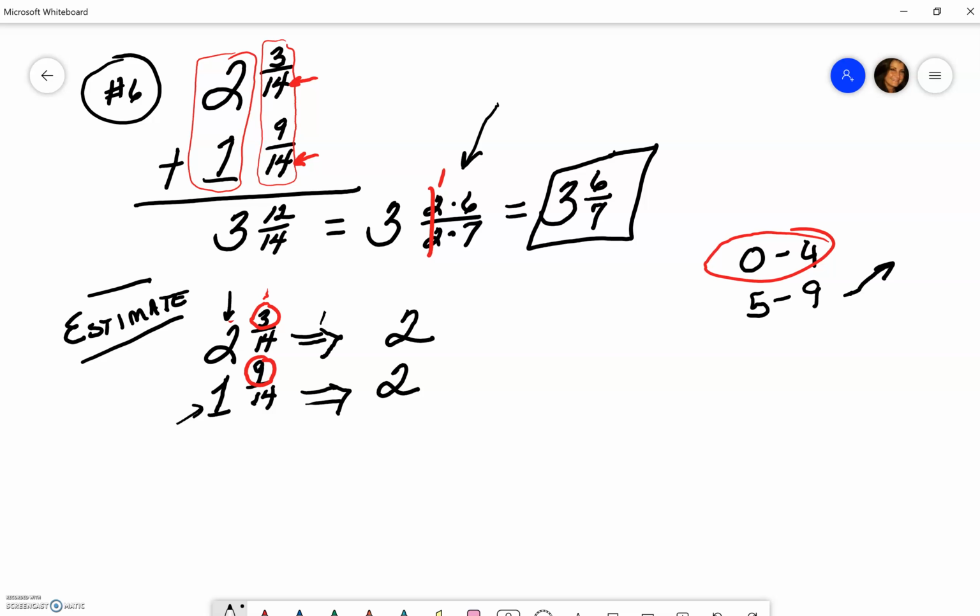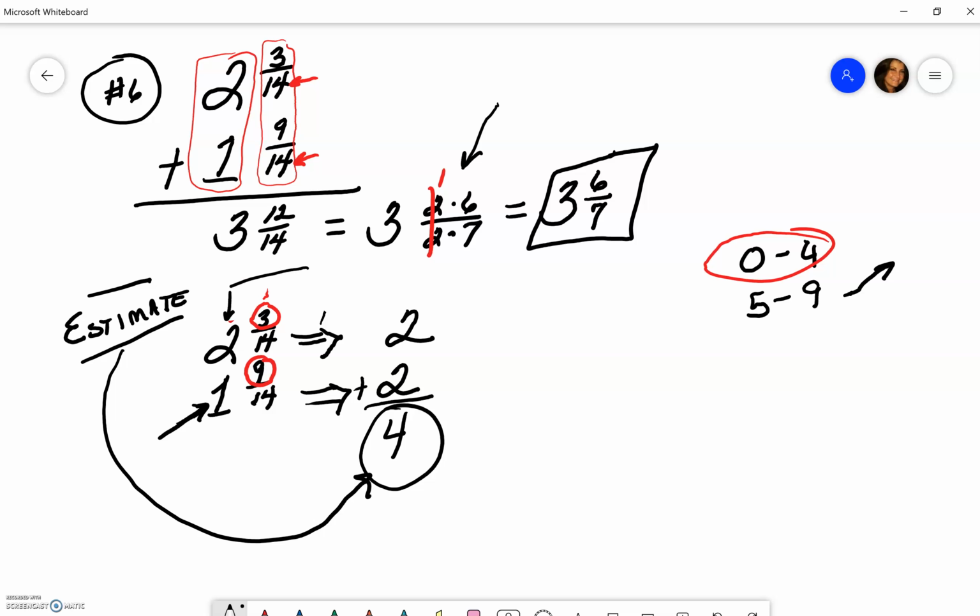But if you notice the next one, which is a 9, it is between the range of 5 and 9, so this number 1 does count up to 2. Now that we have our whole numbers, all you're going to do is add those up, and you have an answer of 4. So that's the estimated answer. That's the process you have to go through to get that answer. Hopefully that wasn't too confusing.